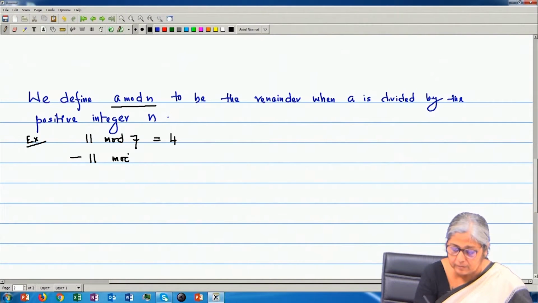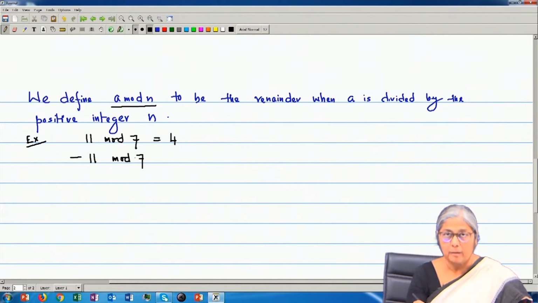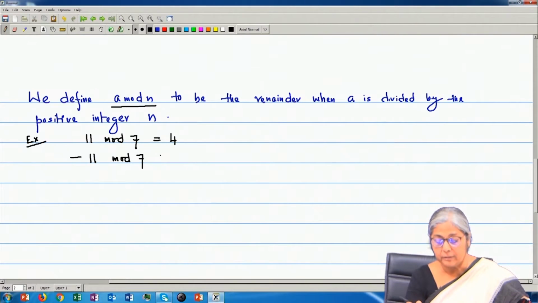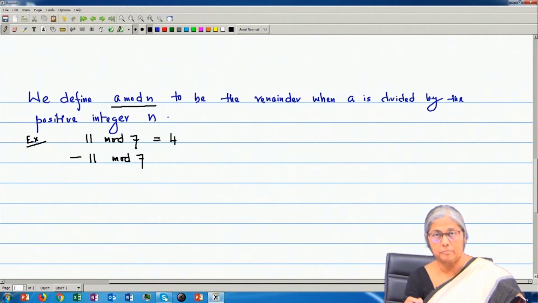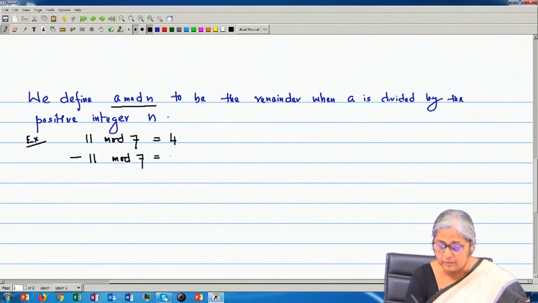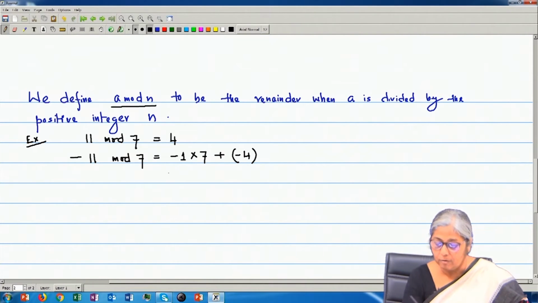Minus 1 can be the quotient, so I can write minus 11 as minus 1 into 7 plus minus 4, or the same thing I can write as minus 2 into 7 plus 3.